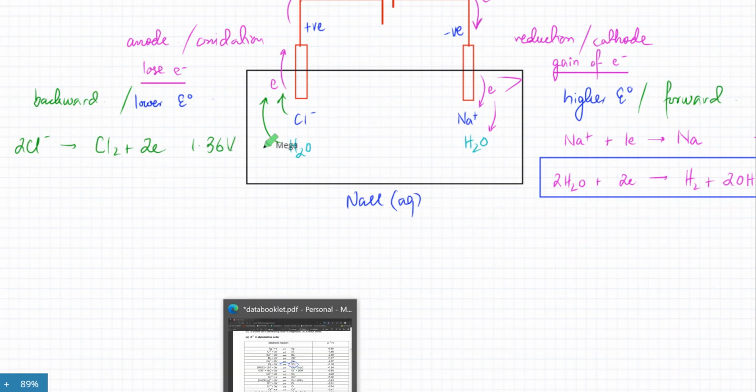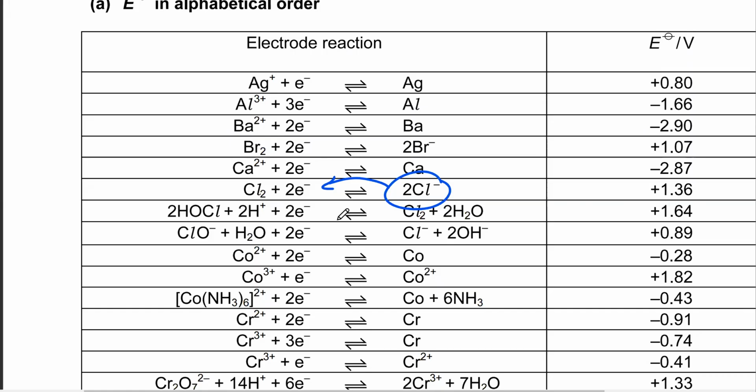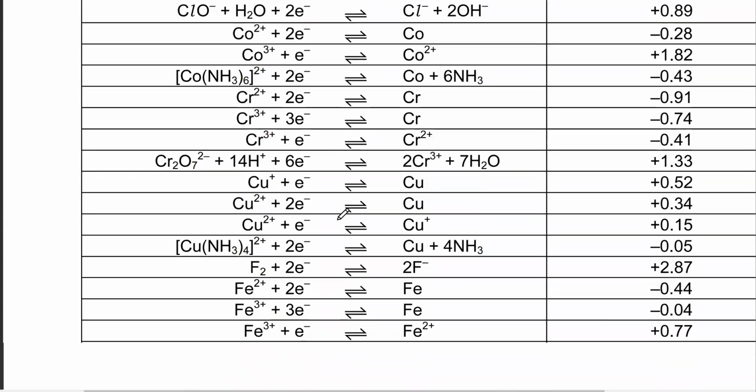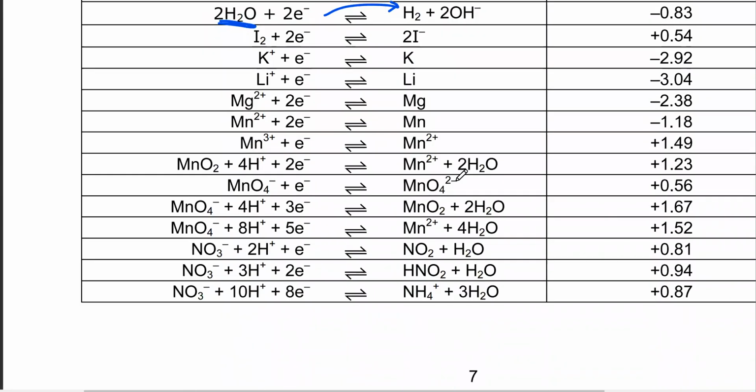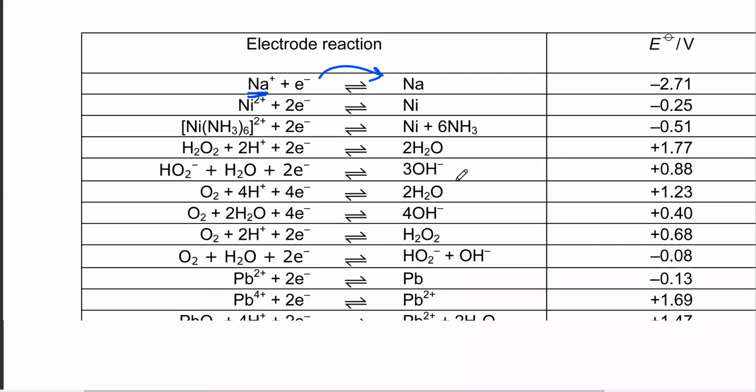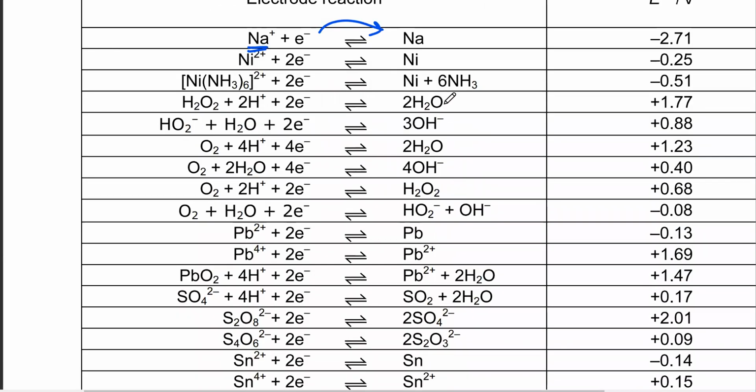What about the other one, water losing electrons? Let's find equations where water is losing electrons, and water has to be on the right-hand side. We don't want it to gain electrons, we want it to lose electrons. I've got two equations, one over here and one over here. In both cases, water is losing electrons.